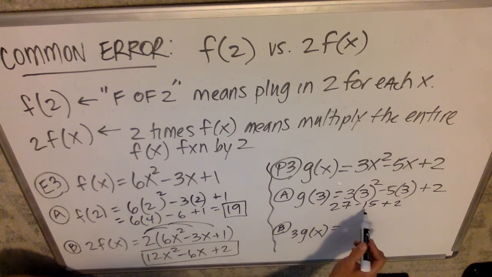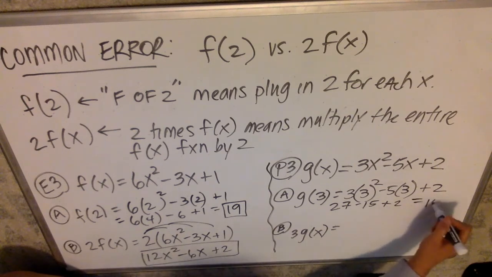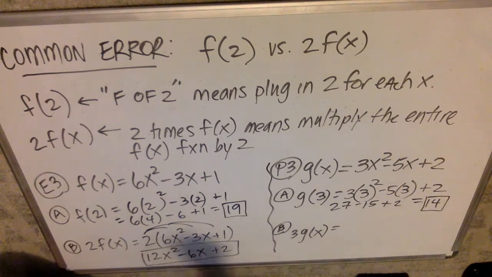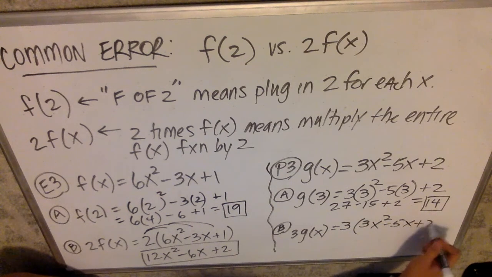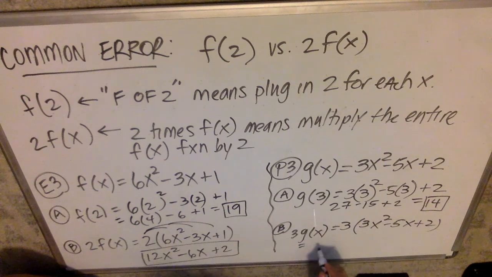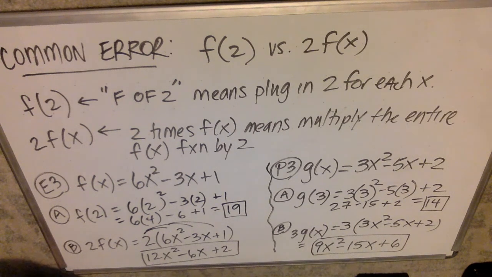Well, that's 12 plus 2, so I get 14. 3 times g of x, however, is going to be 3 times 3x squared minus 5x plus 2, which means that when I distribute the 3, I'm going to get 9x squared minus 15x plus 6. So again, notice the difference between g of 3 and 3 times g of x. Those are very different things.